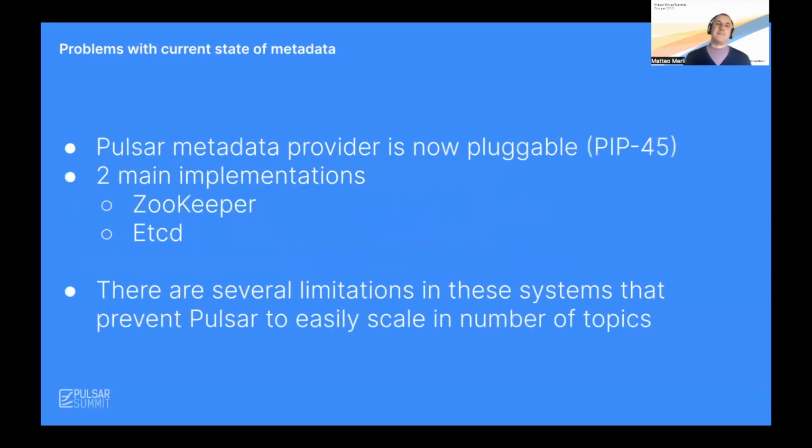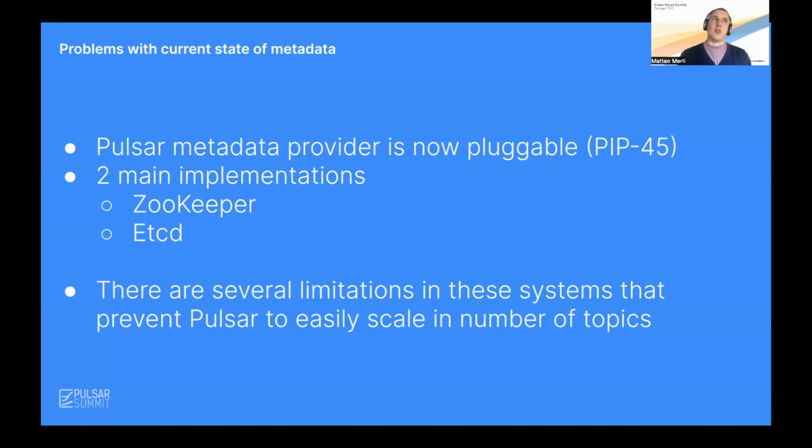Now, since we're saying that we are going to change metadata, I want to give a bit of context here of why we're doing this, and what the problems are that we have in the current state in Pulsar with metadata. Pulsar metadata has been pluggable for a few releases already, since 2.10, and there are a few implementations, ZooKeeper and etcd.